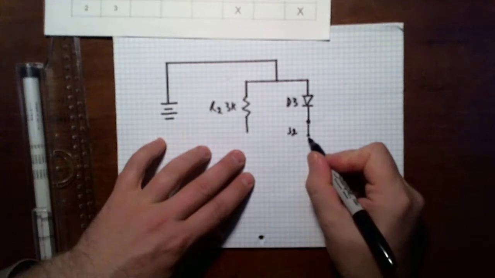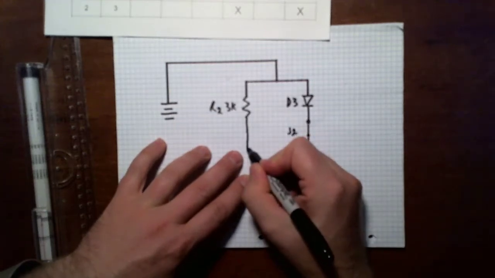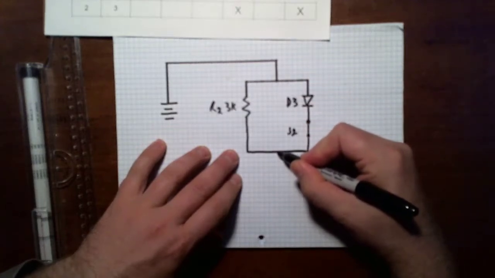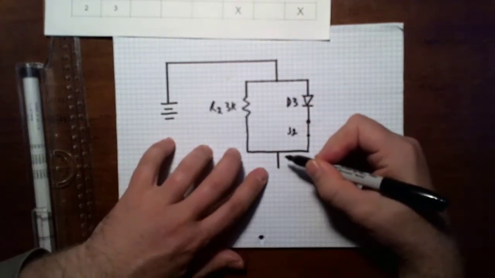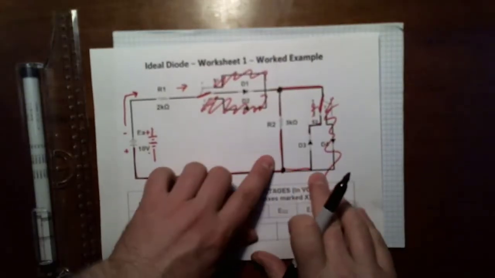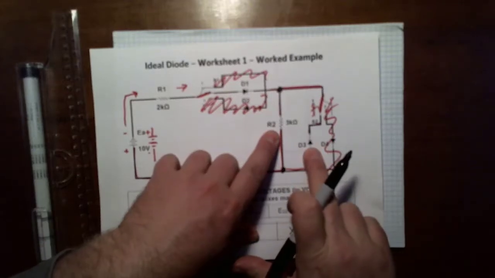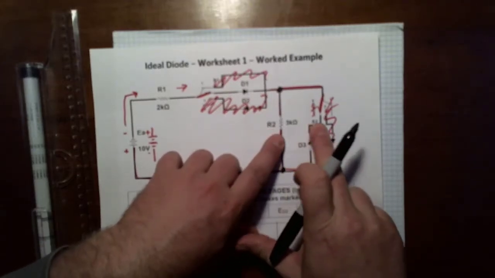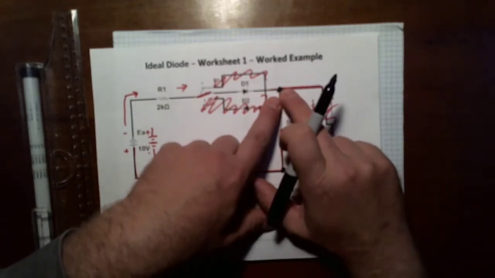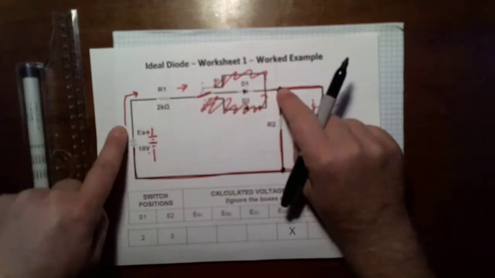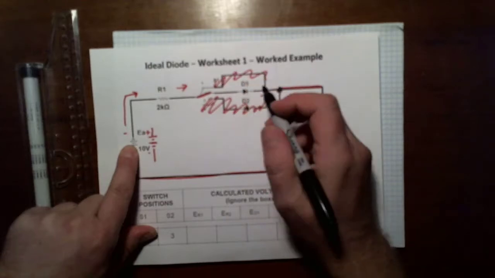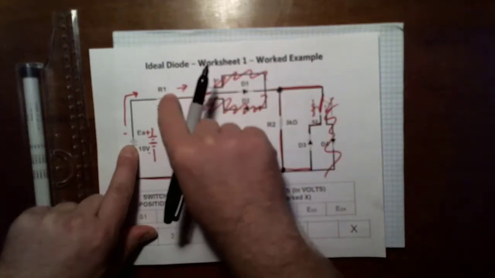And then I can go ahead and bring everything back together. Okay. I'm going to do another space of 3. It's arbitrary, but it works for me. So I came through my node, I split, I hit the anode of my diode, the resistor, I hit switch 2, I went through switch 2, and I rejoined at this node. Now between the node and the negative part of my battery, I have the cathode of diode 1, switch 1, and resistor 1.